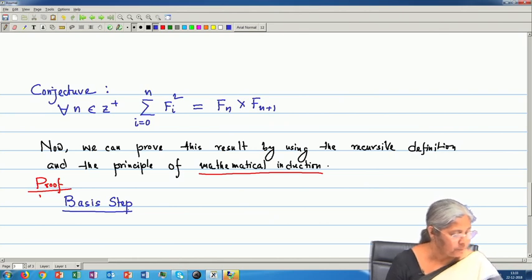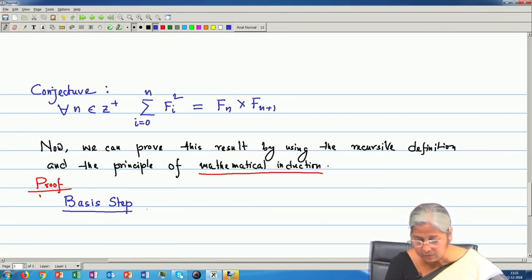So, for the basis step we assume n equal to 1.